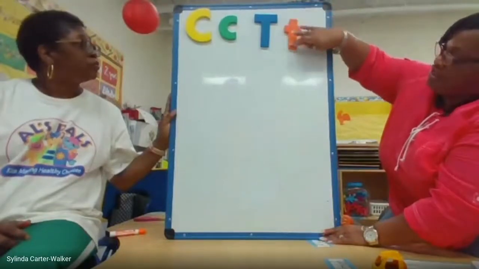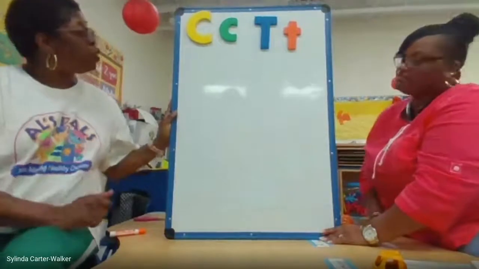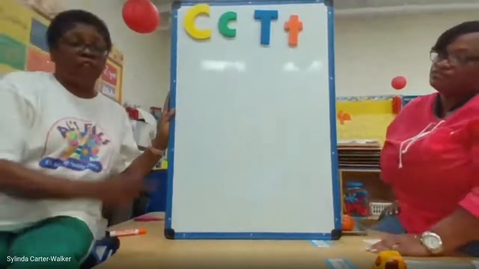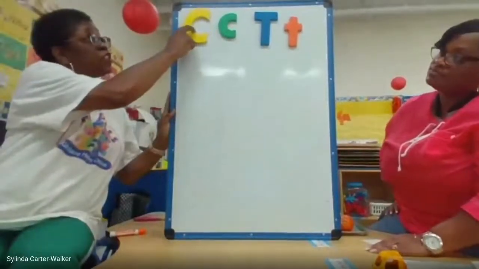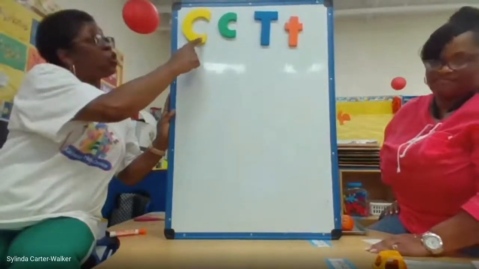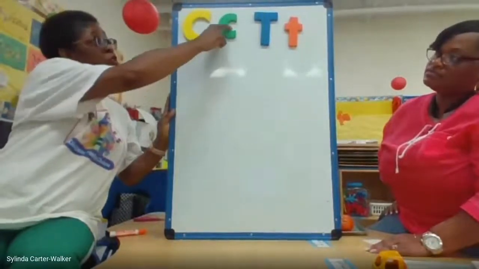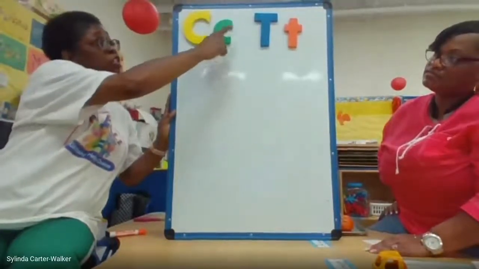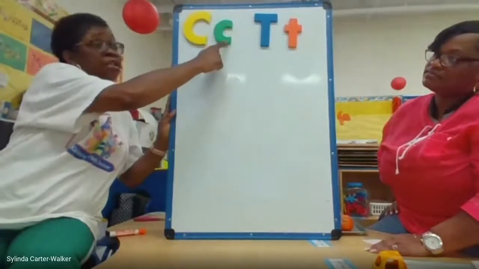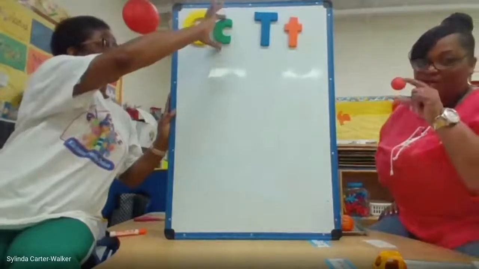Here you go straight down and then a line going across in the middle. And Ms. Privet, we did not share that with the letter C. The C is a curve. It's like half of a circle. It starts here and it goes around. And if you look, the lowercase c is made the exact same way, with the exception that one is big and one is small.